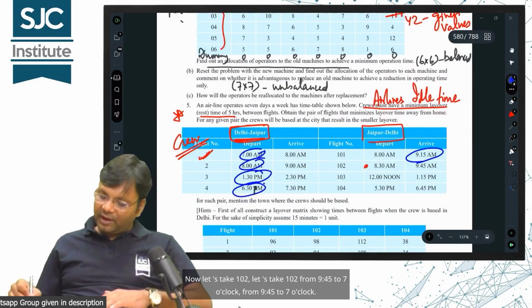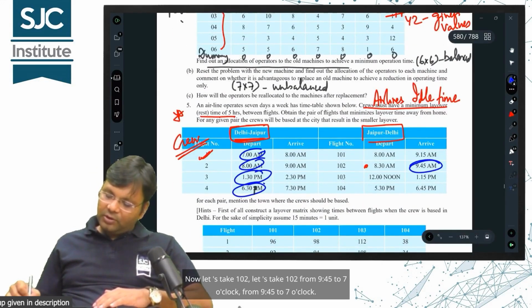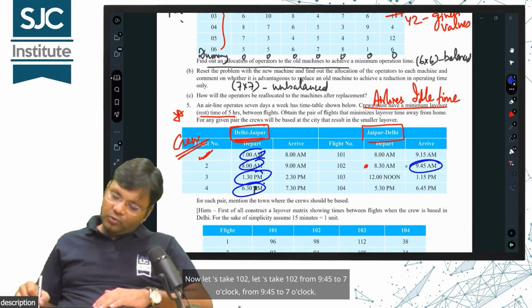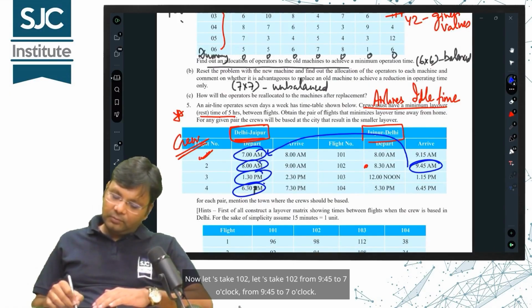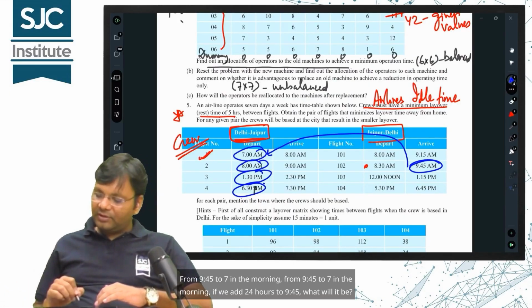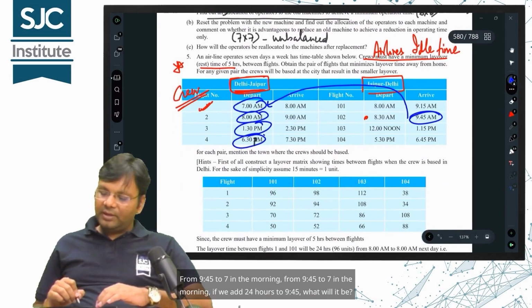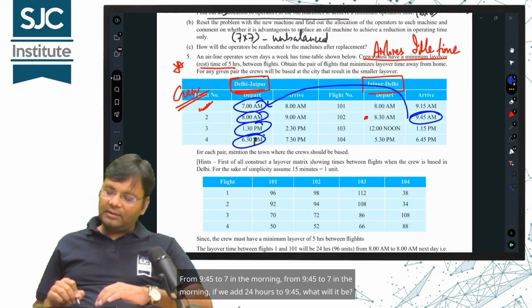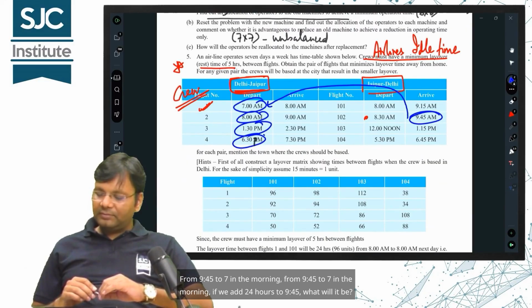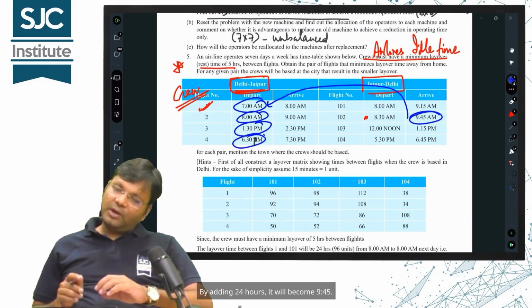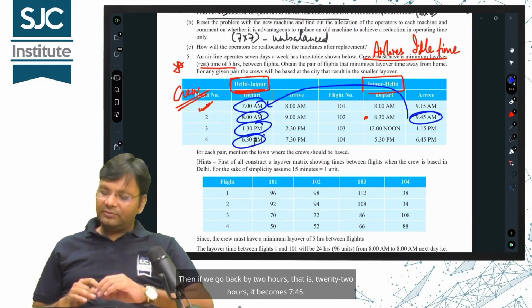Now let's take 102. Let's take 102 from 9:45 to 7 o'clock. From 9:45 to 7 in the morning, if we add 24 hours to 9:45, what will it be? By adding 24 hours, it will become 9:45.